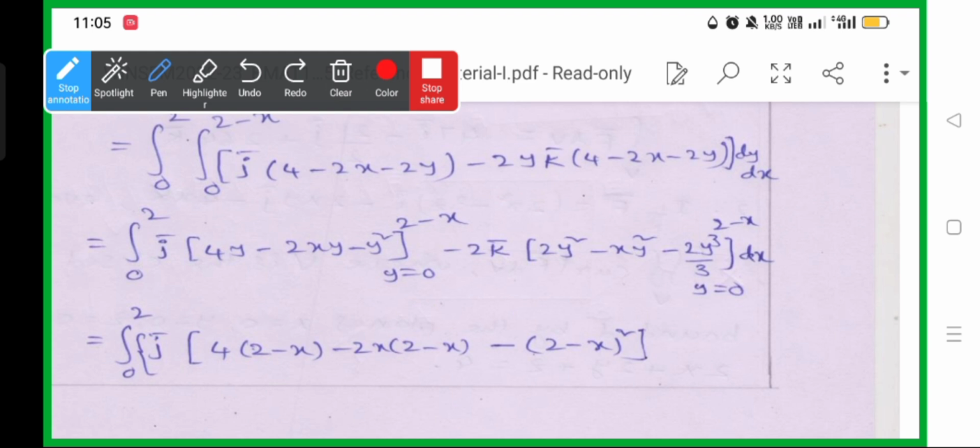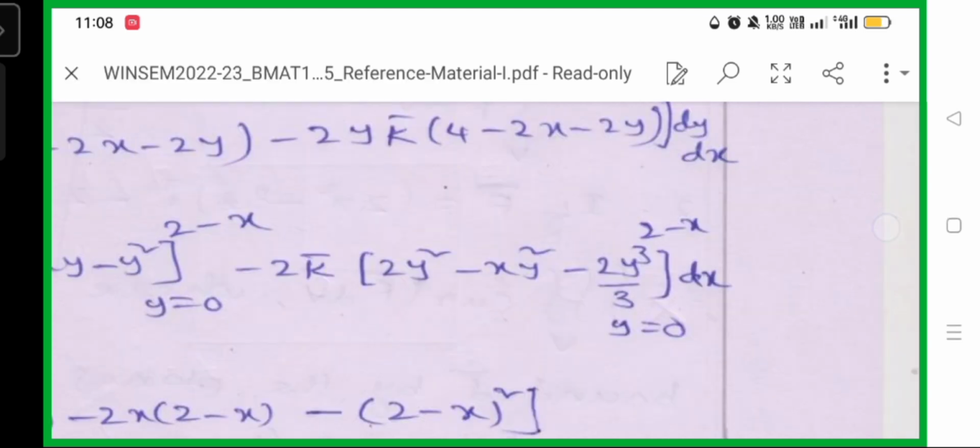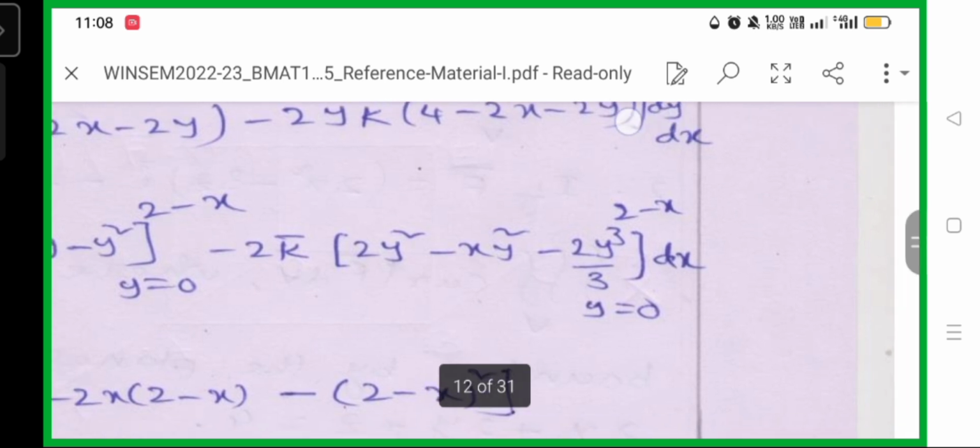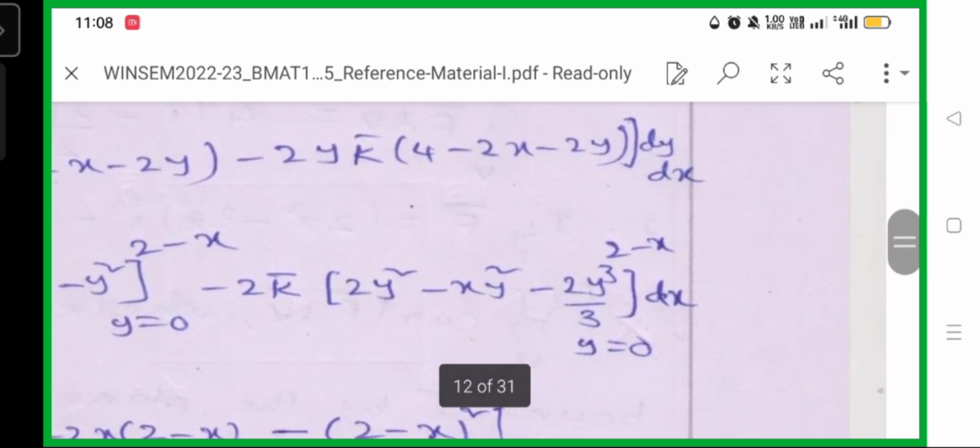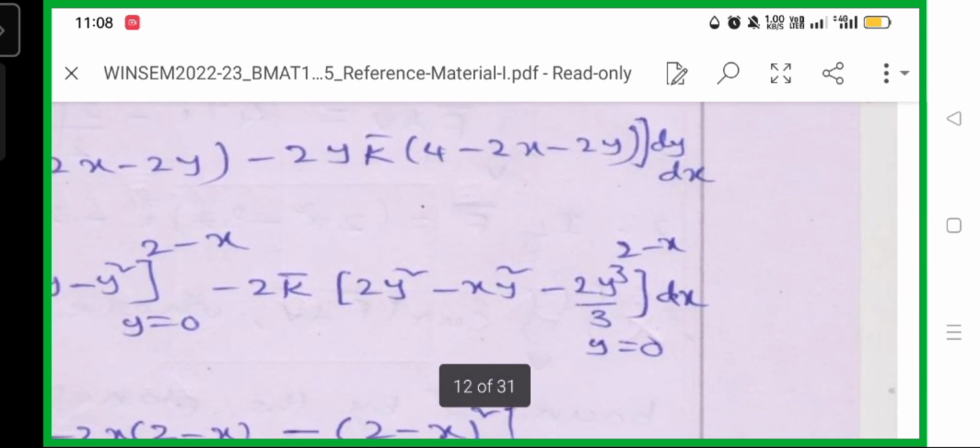Here it is y square by 2. You will get 4y, isn't it? 4 into y you will get. Now here we have to integrate. Here this term will become 4y, this will become 2xy, and this will become 2y cube.